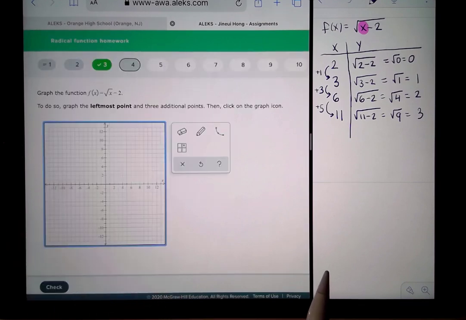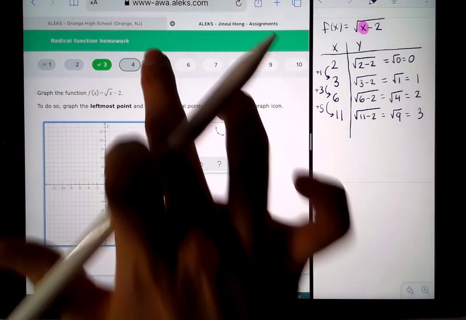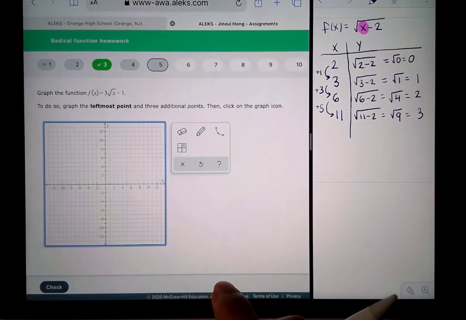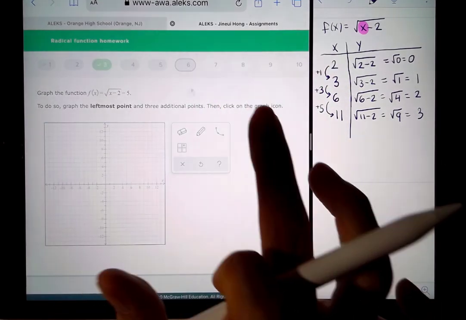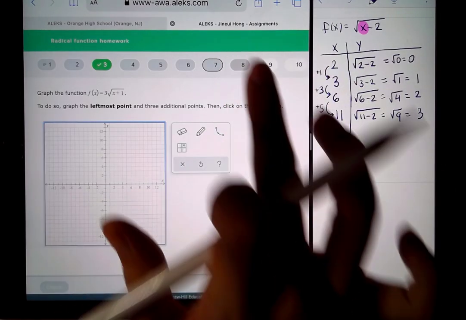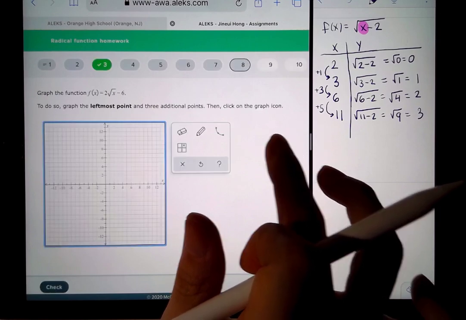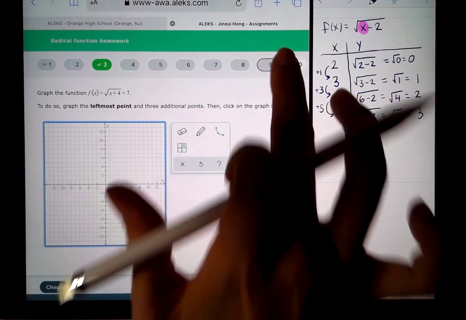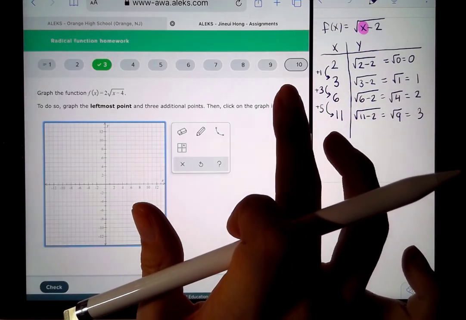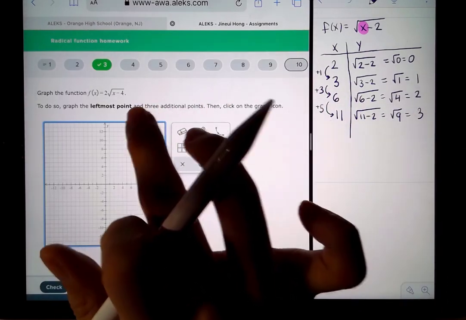And next, let me try something more complicated. Hold on, guys. Okay, let me try this one, guys.